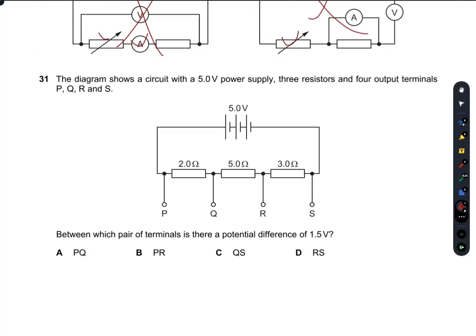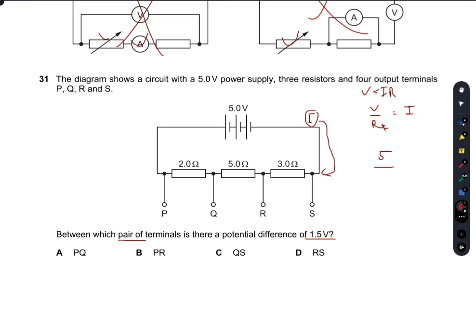The diagram shows a circuit with a 5-volt power supply, 3 resistors, and output terminals P, Q, R and S as shown. Between which pair of terminals is there a potential difference of 1.5 volts? First of all, we will have to find the amount of current which passes through this circuit. By V equals IR, we have V over RT equals I, where RT is the total resistance of these three resistors.